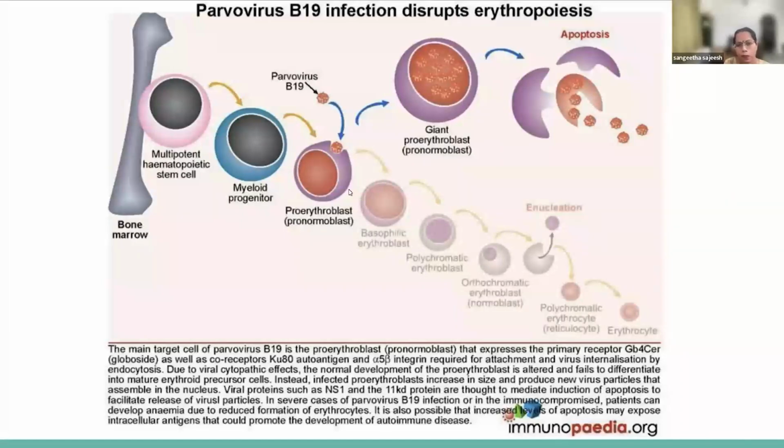Then it deviates from the normal pathway and forms a giant pro-erythroblast, where there is multiplication of the virions inside the cell. And along with the NS1 action, it causes cell lysis and apoptosis. And that's how there is a disruption of the erythropoiesis by Parvovirus B19.